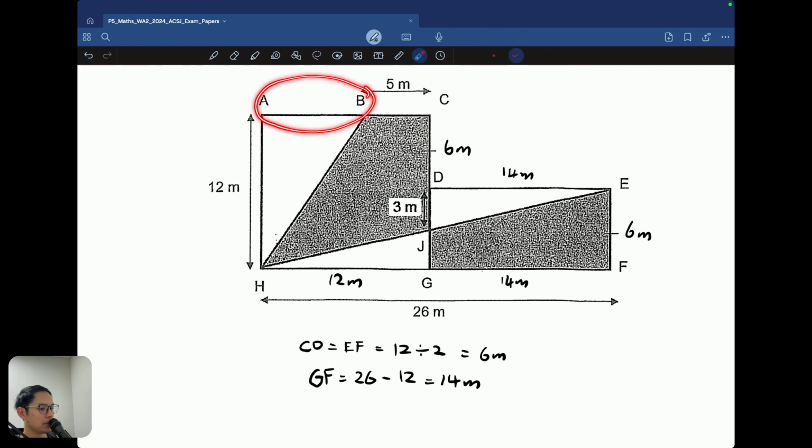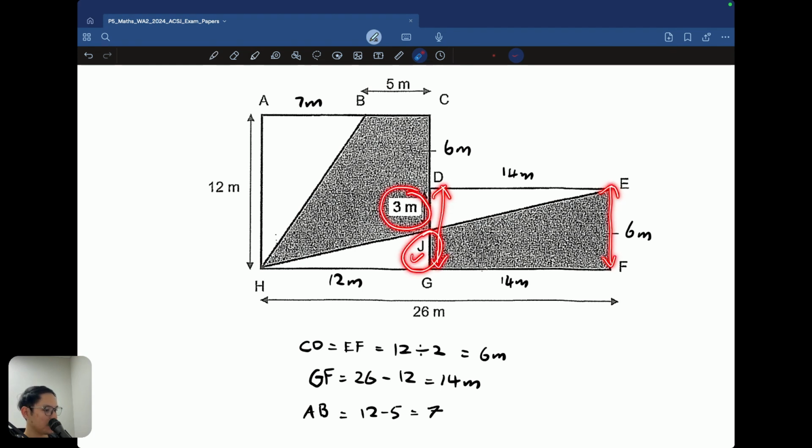Then we also know AB. Since this is 12 meters and this is 5 meters, then we can just get the remaining length. So AB is equal to basically 12 minus 5, which is equal to 7. So this is 7 meters. All right, last one is that since we know over here that this here is 6 meters, so this is also 6 meters, and we know this is 3 meters.